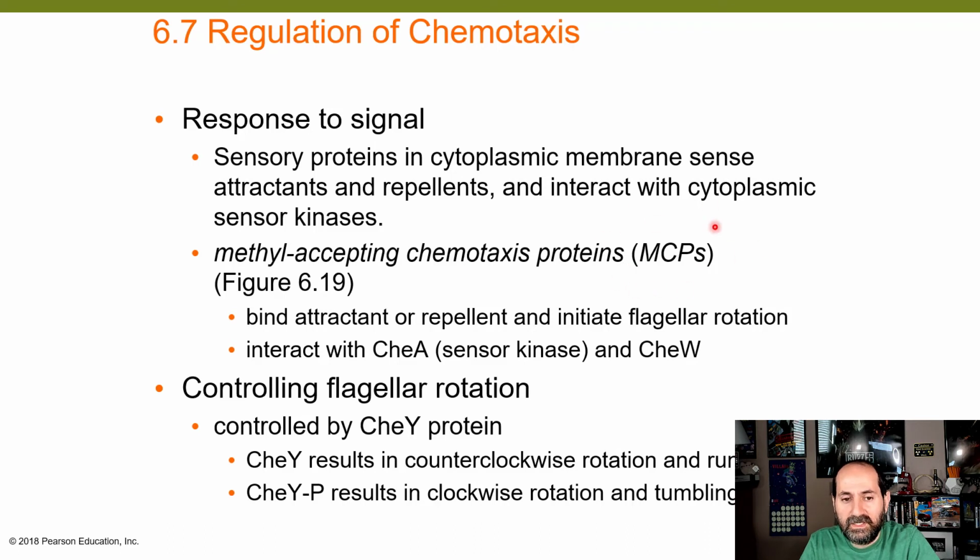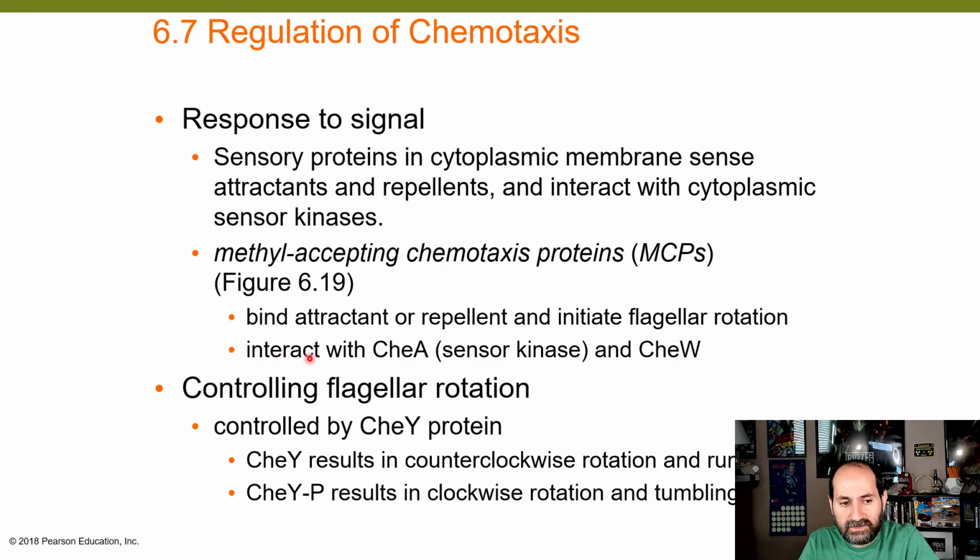MCPs are the membrane receptors, the membrane proteins that respond to the attractant or the repellent in the environment. So it binds attractant or repellent to initiate flagellar rotation. Remember, counterclockwise runs, clockwise tumbles.